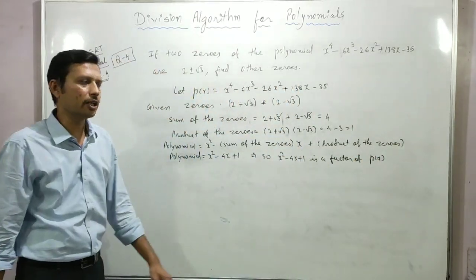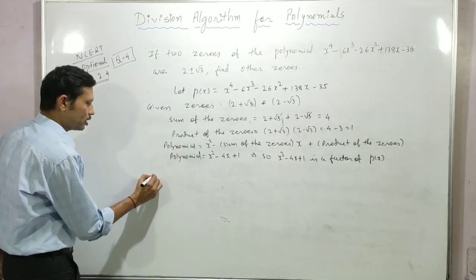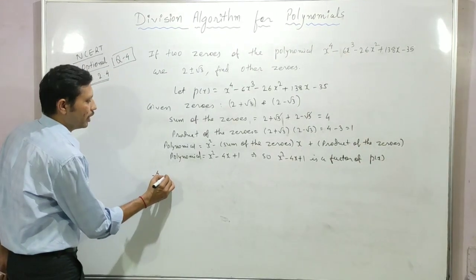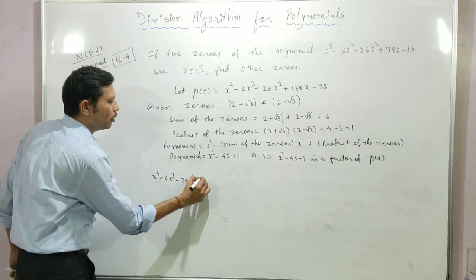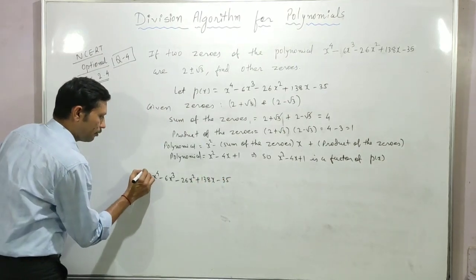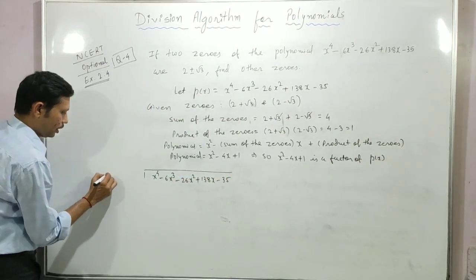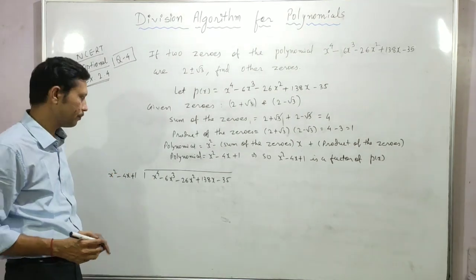And now we will calculate the remaining zeros after performing the division. So x to the power 4 minus 6x cube minus 26x square plus 138x minus 35. When I divide this polynomial by x square minus 4x plus 1, I will get the quotient.